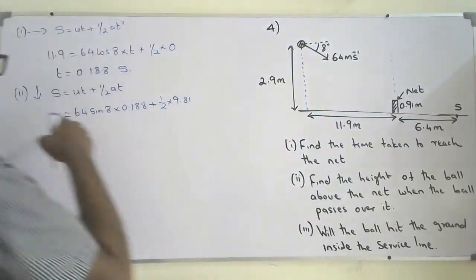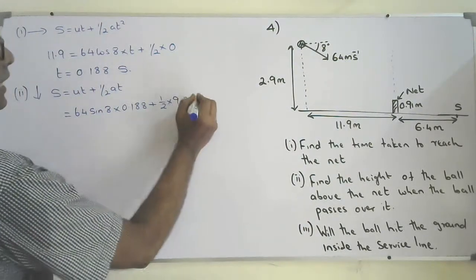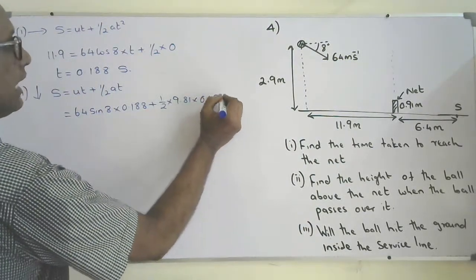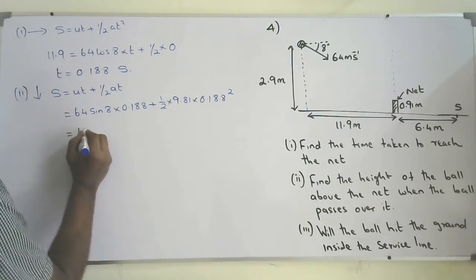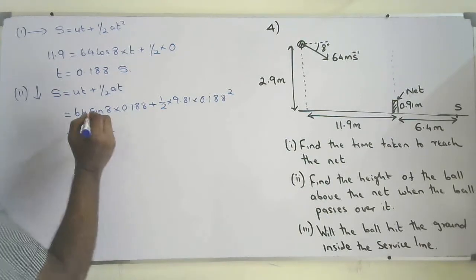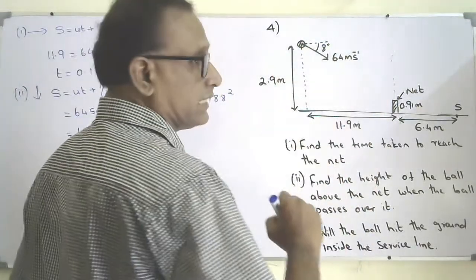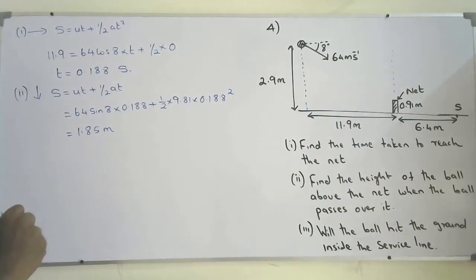Yes, acceleration also downwards. I am also using downwards, into 0.188 squared. Solve it, you will get the vertical displacement of the ball when it is passing over the net. Okay, so that will be 1.85 meters. It's vertical displacement, moved down, 1.85 meters.